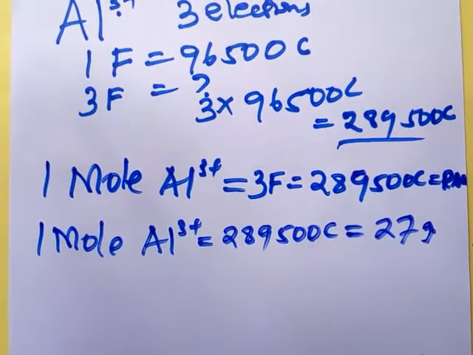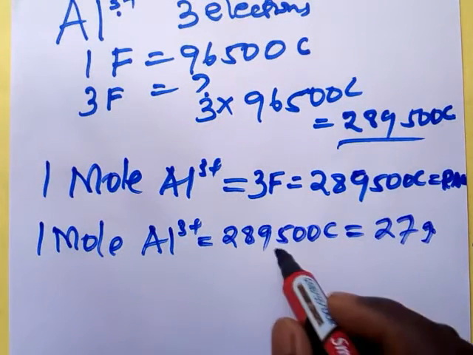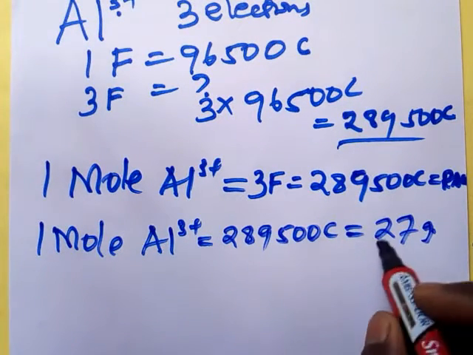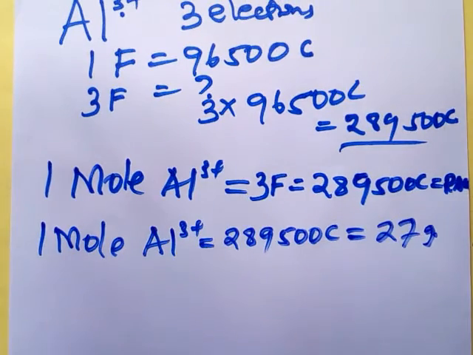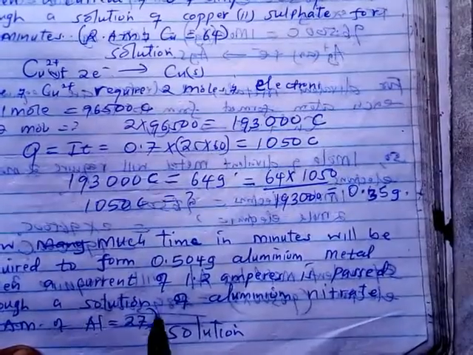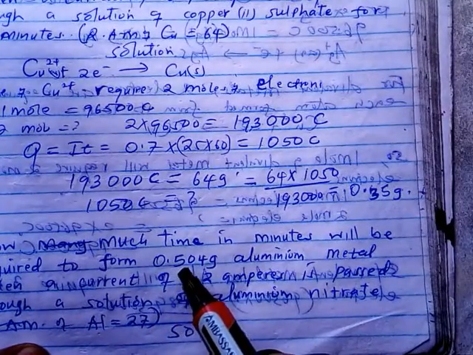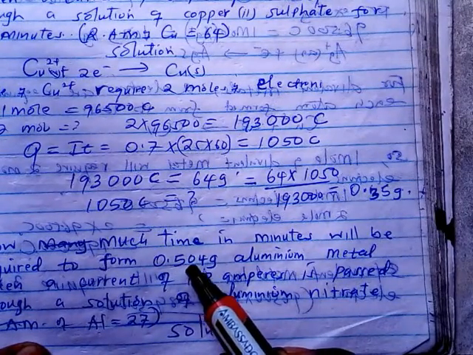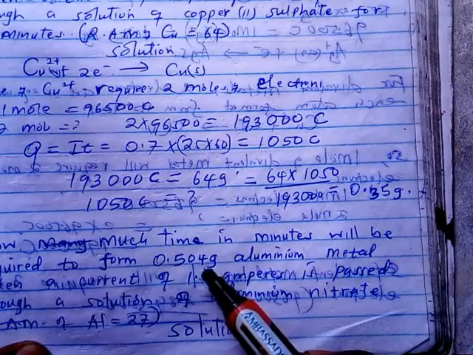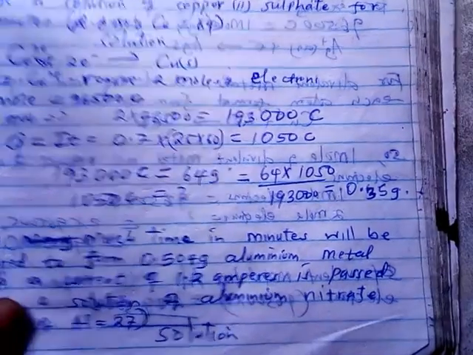So we want to ask, we have been given the mass: 0.504 grams were deposited.